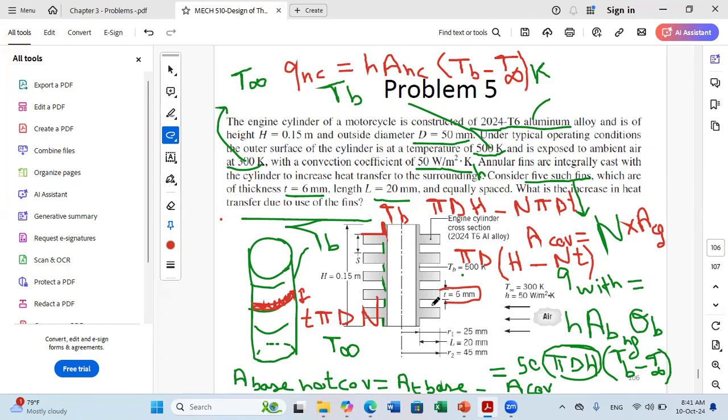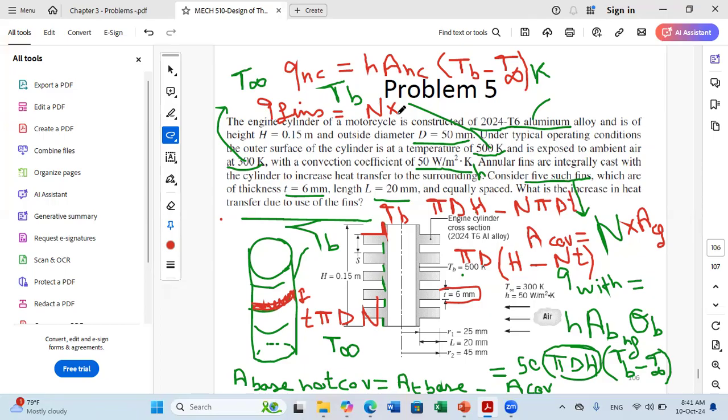We have 5 fins and they all have the same geometry, okay? So to get the total loss by fins, we should do 5 times, or n times. Now, for each fin, how do we calculate the loss?